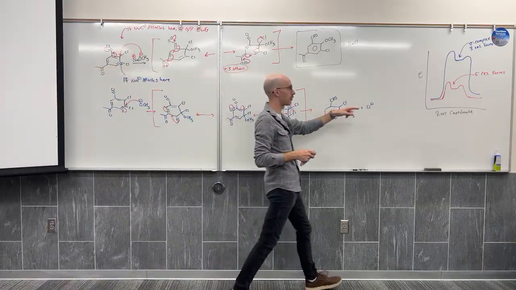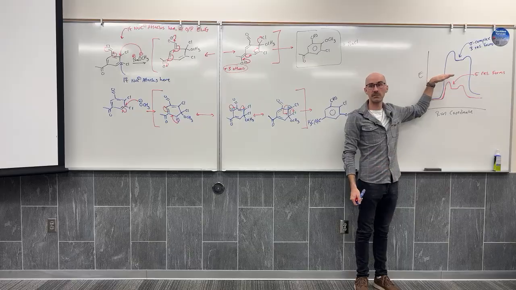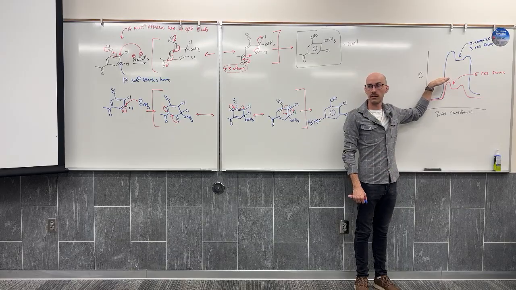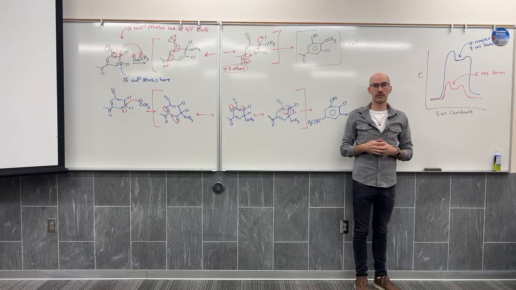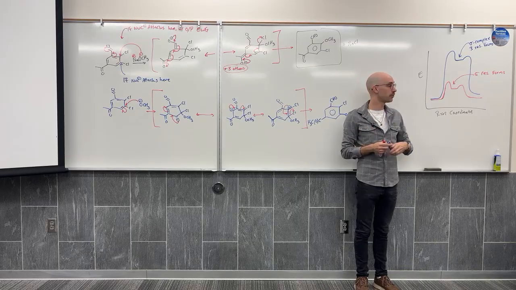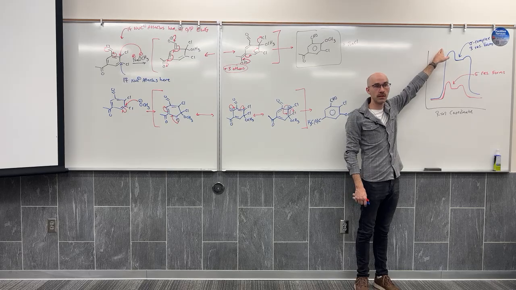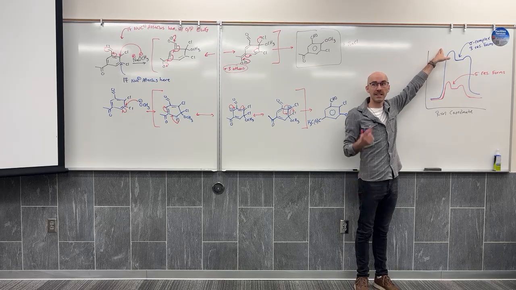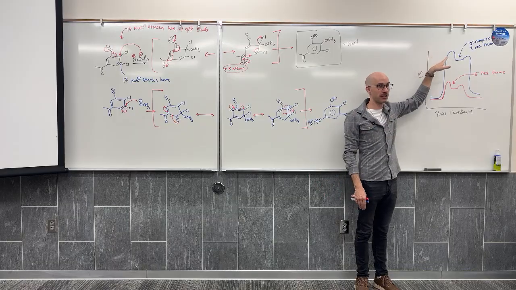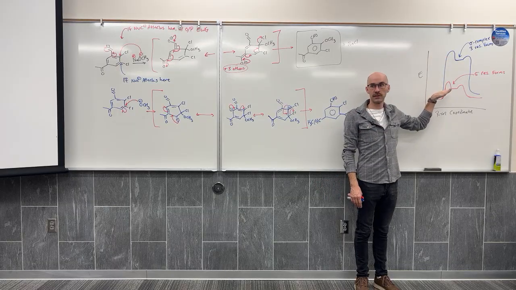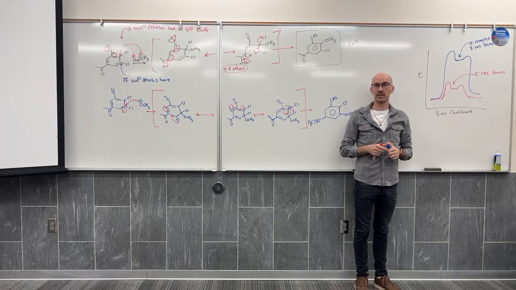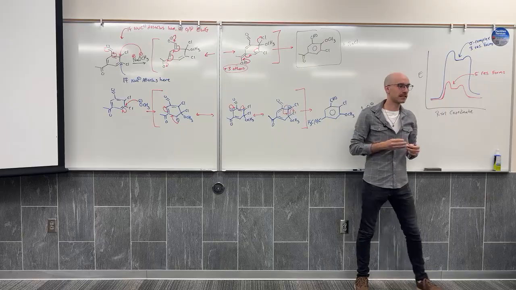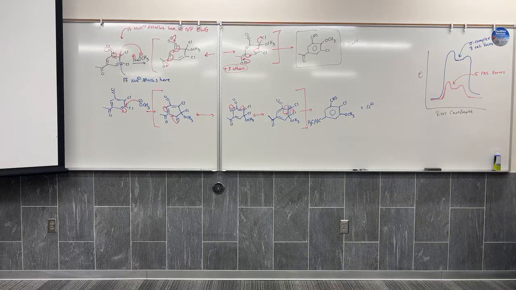Eventually, you have enough energy to overcome the activation barrier in red, and you attack at the position that has an ortho and a para leaving group. Is it possible to attack the position in blue? Yeah. But if you get enough energy to do that, you have already had plenty of energy to do the other. So maybe you'll get it as a minor product. Generally, like less than 10%, you might say, will form that other product.